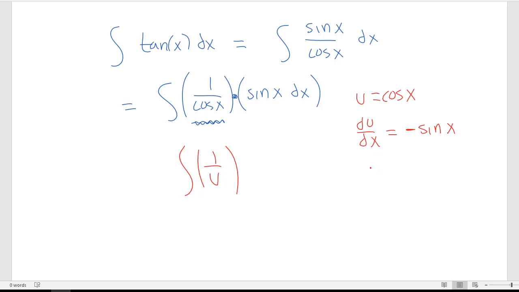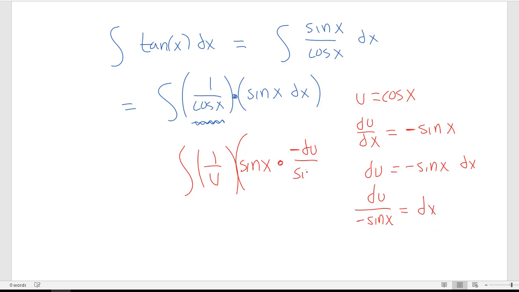I'm going to multiply the dx over and then solve for the dx. I'll say du over negative sine of x would be the dx term. So what is my dx term? My dx term is du over negative sine.